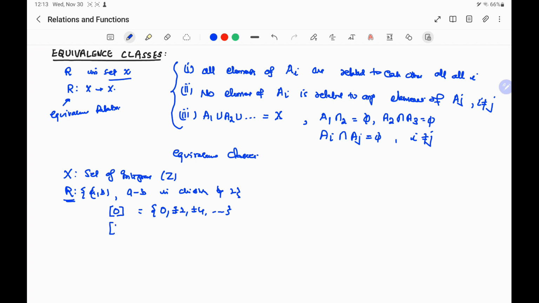And another is the equivalence class 1, in which elements are plus minus 1, plus minus 3, plus minus 5, and so on. This class 0 can be represented as 2r also, and this equivalence class 1 can also be represented by 2r plus 1, where r belongs to the set of integers.